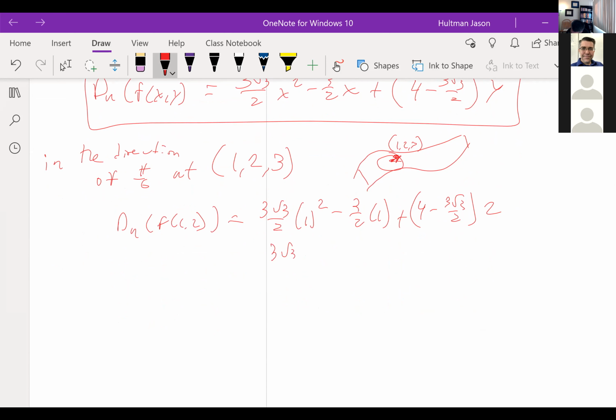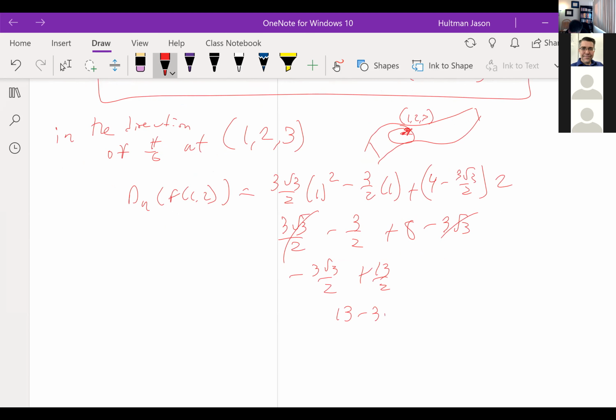This is 3 radical 3 over 2 minus 3 over 2 plus 8 minus 3 radical 3. So 3 radical 3 over 2 minus 3 radical 3 is negative 3 radical 3 over 2, and 8 minus 3 halves is 13 halves. And so this becomes 13 minus 3 radical 3 over 2. There we go.